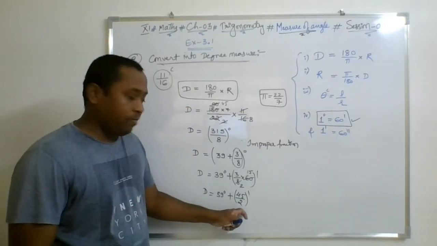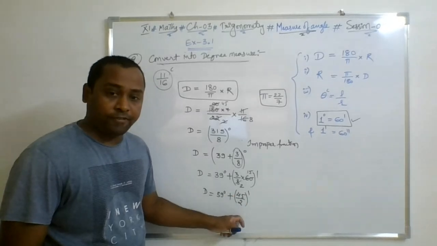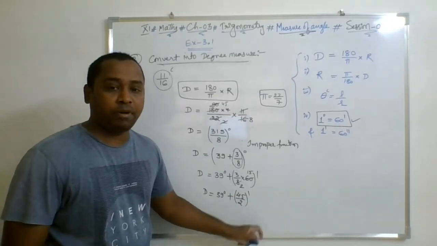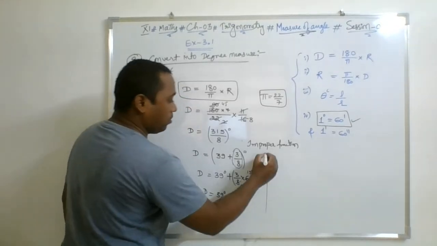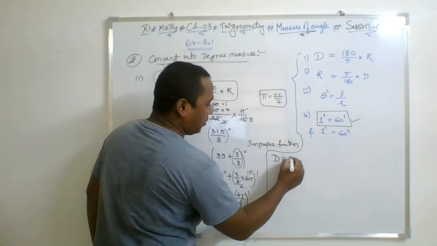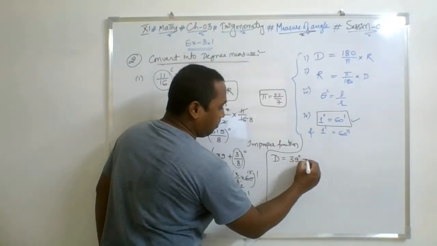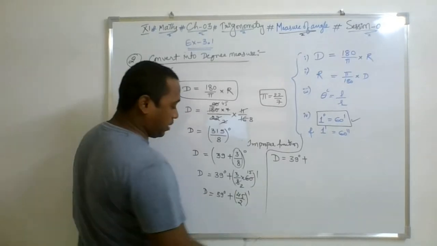But still you will see here again you are getting an improper fraction. It means you need to simplify further. So that's why I need to simplify more. So degree measure is equal to 39 degree plus. Again you need to express this as a mixed fraction.